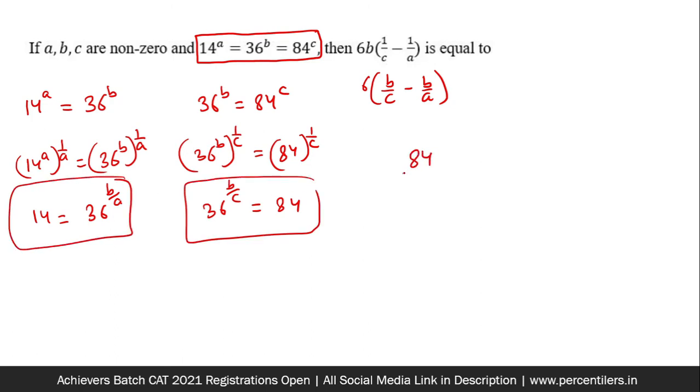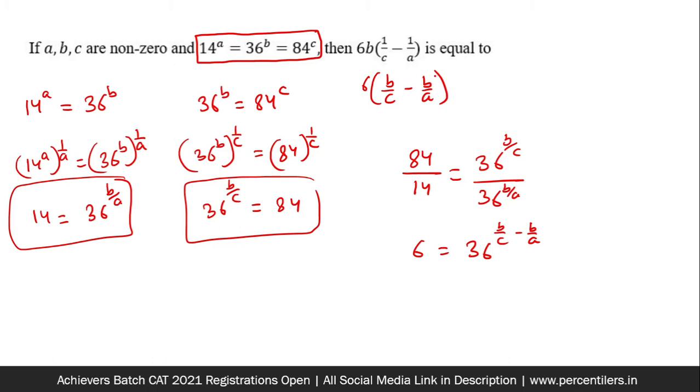Can I write 84 by 14 equal to 36 to the power b by c upon 36 to the power b by a? I had already seen that these are all powers, and if I have to get these numbers into subtraction, I have to make a division. So 6 becomes 36 to the power b by c minus b by a.